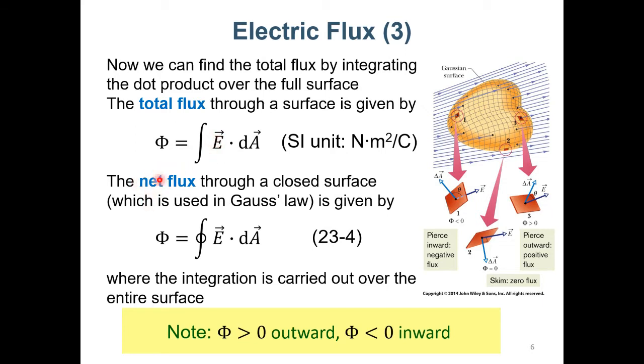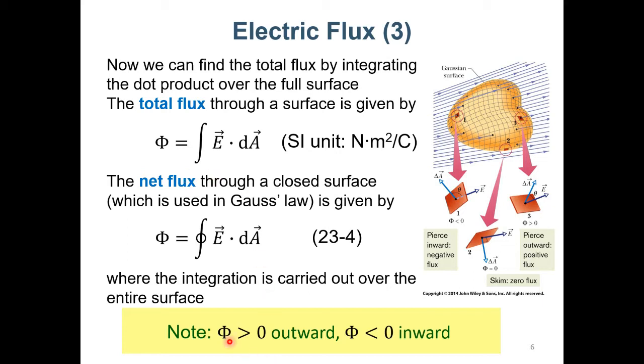The net flux means if it is positive, the flux is going outside. Maybe there is something going inside, something going outside, but on average, the overall flux is going outside if the net flux is positive, and vice versa if it is negative, which means that the net flux is going inside. If it is zero, the flux is on average stable, not going outside or going inside.